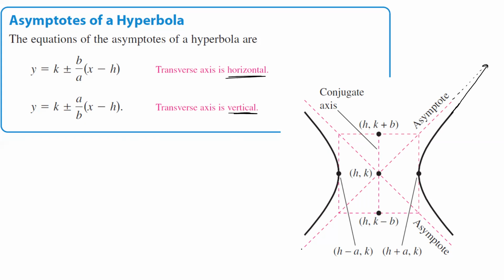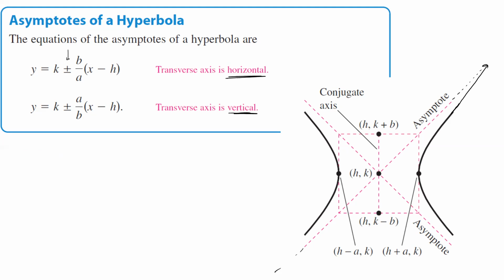Yeah, so we have an asymptote going diagonally right, an asymptote going diagonally left. So there'll be 4 equations then? No, 2 equations with a little plus and minus here, because it makes 2 lines, right?